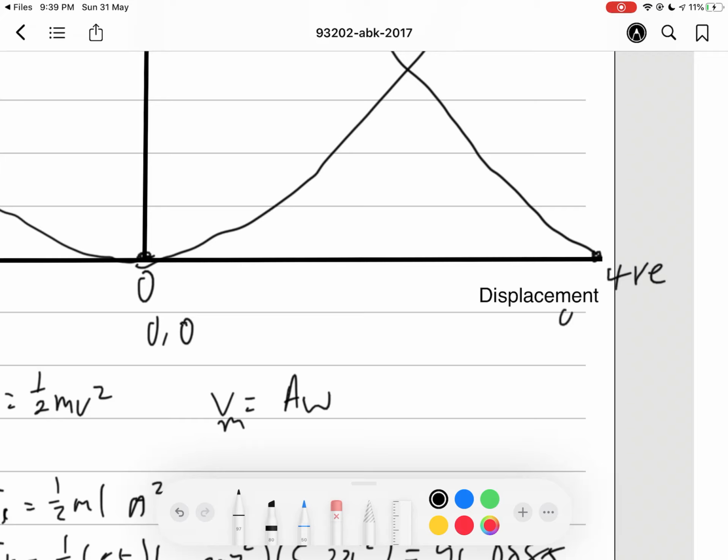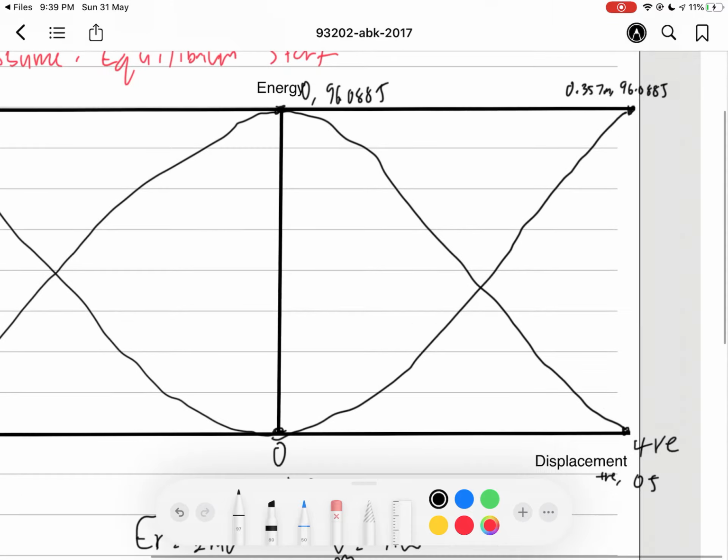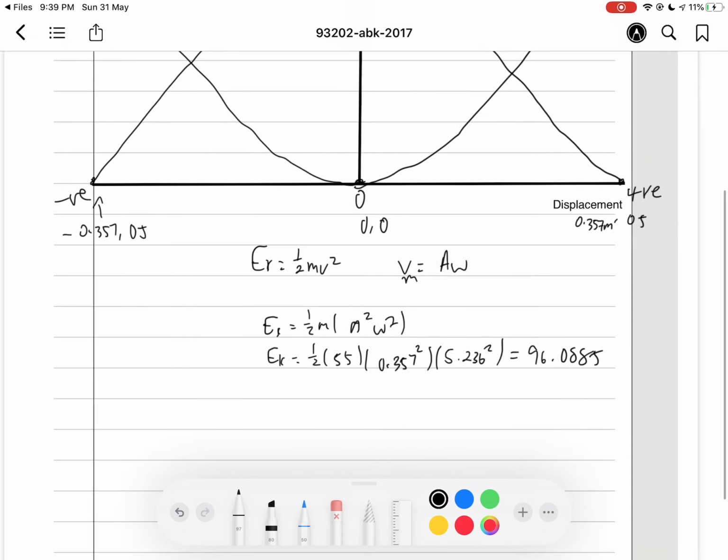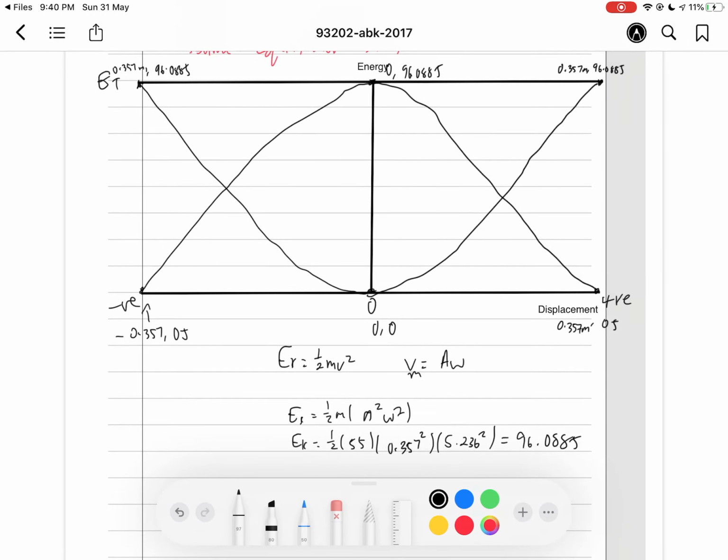At this positive displacement here, we're going to have 0 joules. Sorry, this is 0.375. So that's the outer edges of the intercepts labeled.